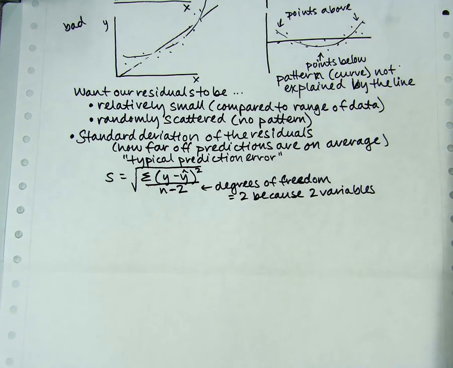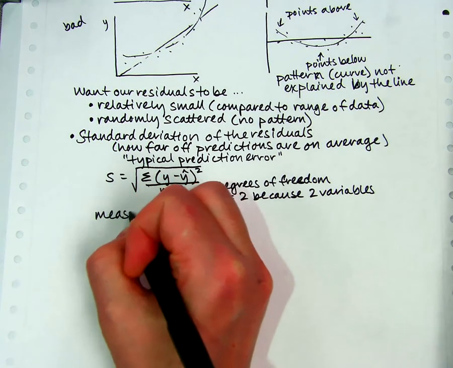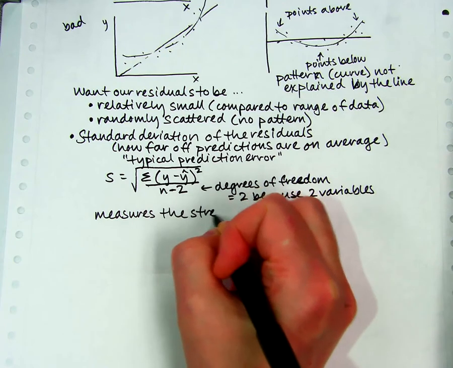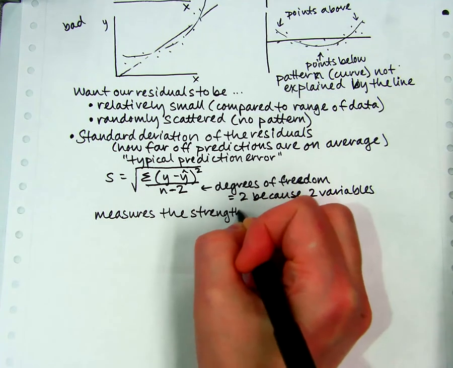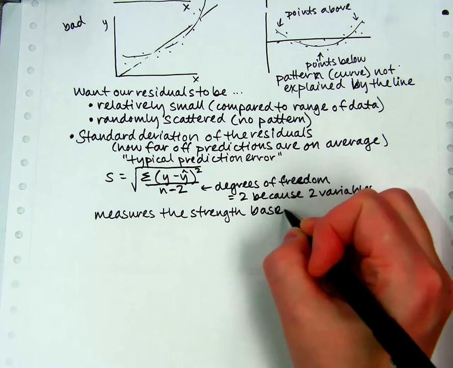But basically, this measures the strength of how well the line fits because it tells you how far off your predictions are. So it's a measure of strength in terms of the scale and units of the data, unlike correlation, which is not based on units.